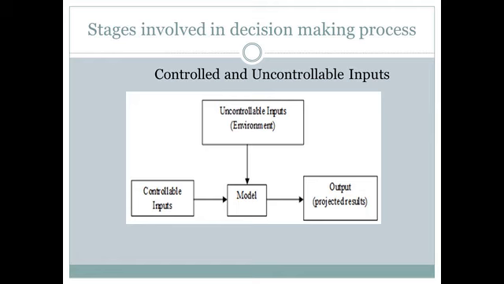Once we have the model, we will give its projected result, that if this variable is this and if this variable is this, this would be the result. And from that result, we will make a decision. And we have to incorporate all the measurements of uncontrollable inputs as well.